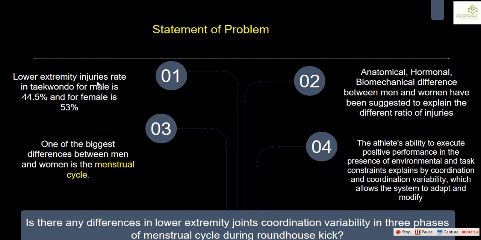As we stated, the lower extremity injury rate in Taekwondo is higher in females than in males. Maybe anatomical, hormonal, and biomechanical differences between male and female can explain the different ratio of these injuries, and researchers try to examine these differences.